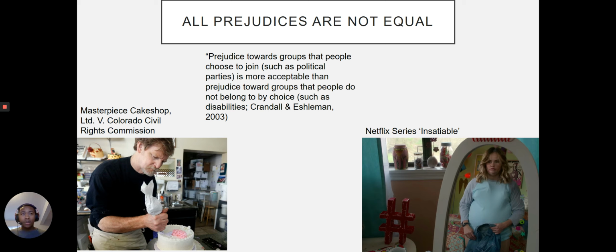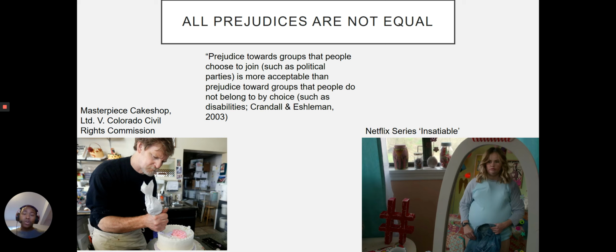And so, we see this idea that Crandall and Eshelman did a study in 2003, and they found that prejudice toward groups that people choose to join, such as a political party, right? So you choose to be Democrat, Republican, Independent, Green. That prejudice is more acceptable than prejudice towards groups that people do not belong to by choice, such as a disability or race.